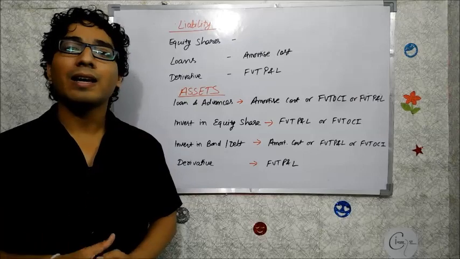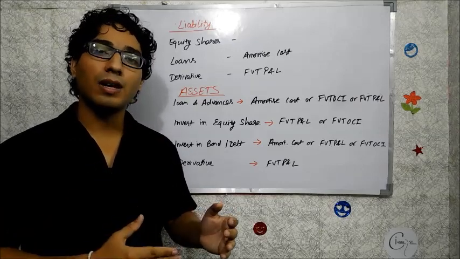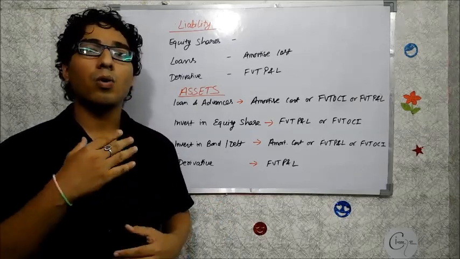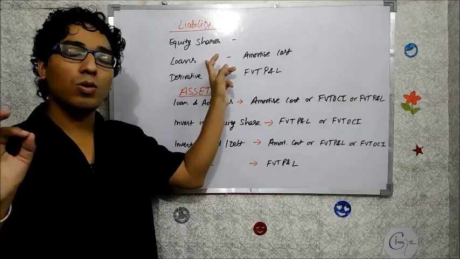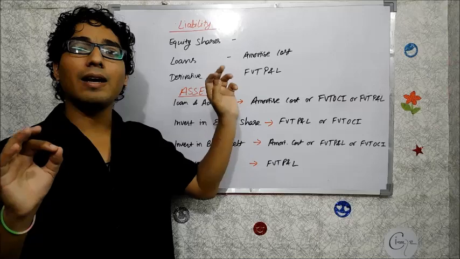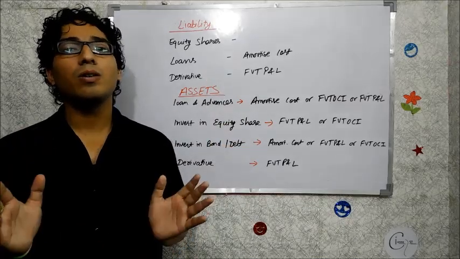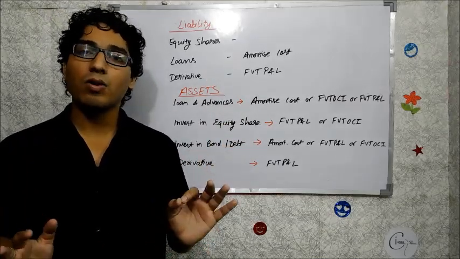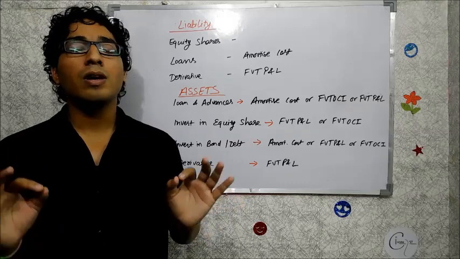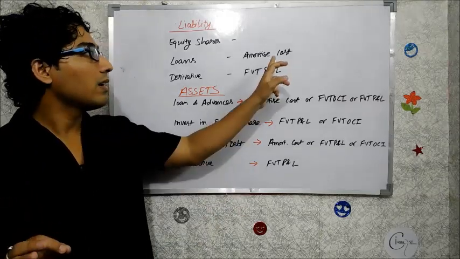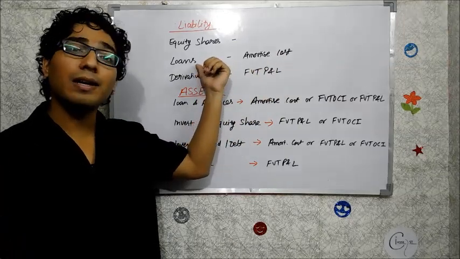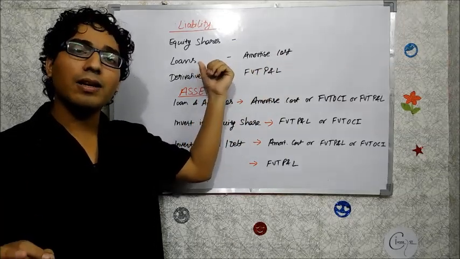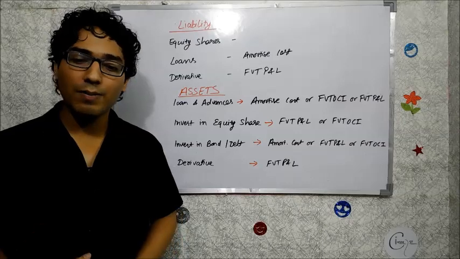The criteria of solely payment of interest and principal, and holding the financial asset, is not applicable in case of a loan, because a loan is a financial liability, and for financial liabilities only two classifications exist: amortized cost and fair value through profit and loss account. So amortized cost method will be used for your loan liability.